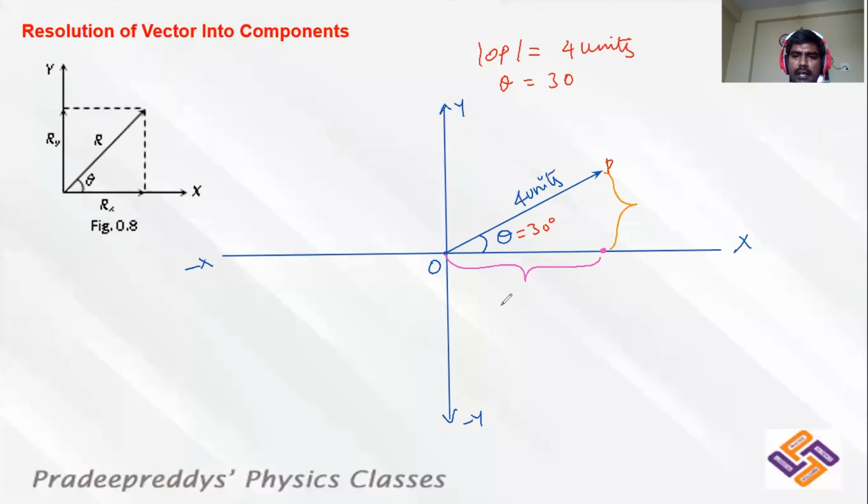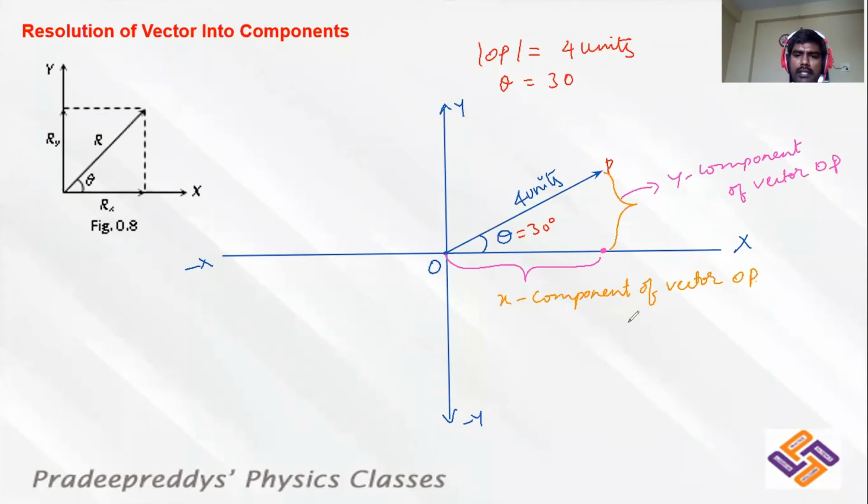This length is called the x component of vector OP, and the other one is called the y component of vector OP. So I need to find these components, x component and y component.